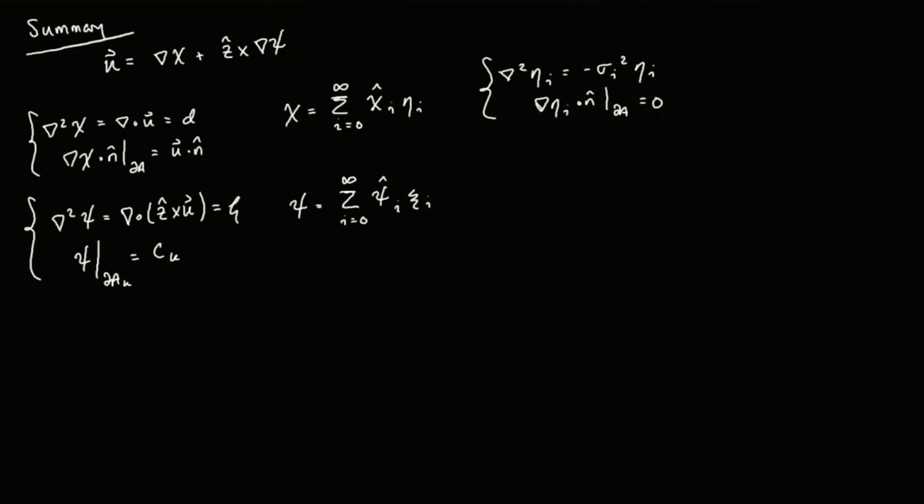And the Dirichlet modes satisfy del squared ci equals minus lambda I squared ci, and the ci on the boundaries are 0.